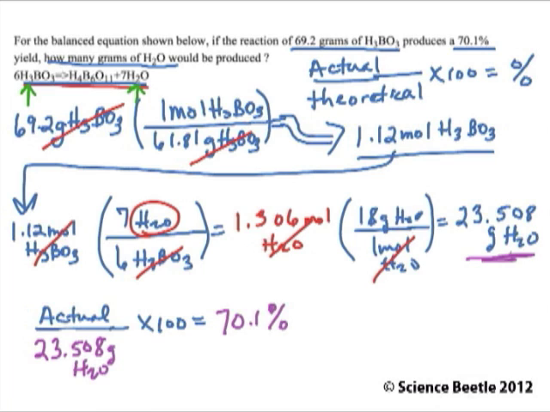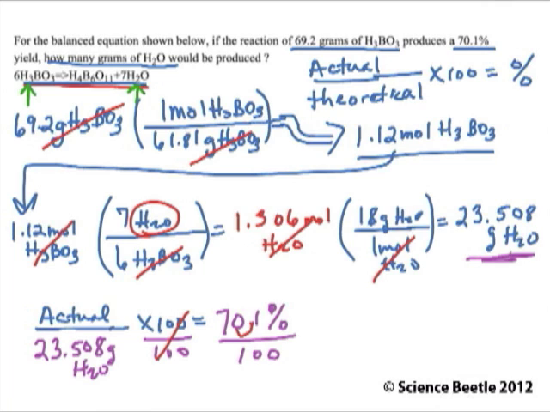So in order for us to solve for the actual in this equation, we need to divide by 100, and we do that here. And if we do that to one side, we have to do it to the other. When we do that, the hundreds cancel here, and this particular number, 70.1% divided by 100, turns into a decimal.